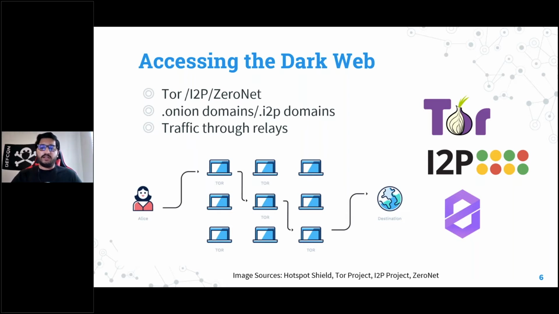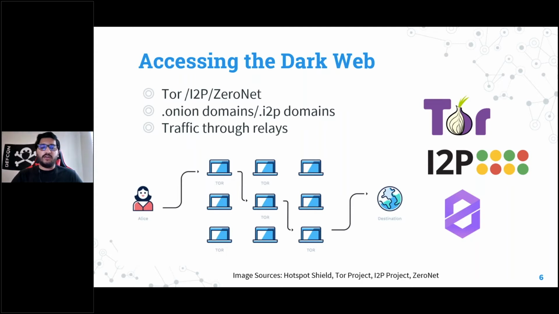There's an entry node, a middle node, and an exit node. A node here refers to a volunteer-offered system that the traffic routes through. The full form of Tor is The Onion Router.